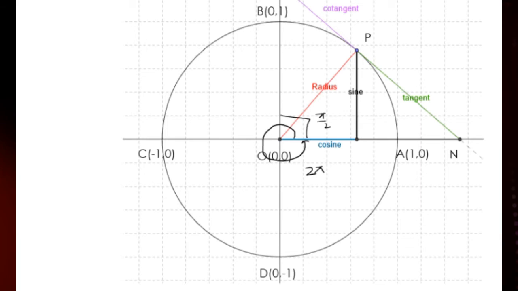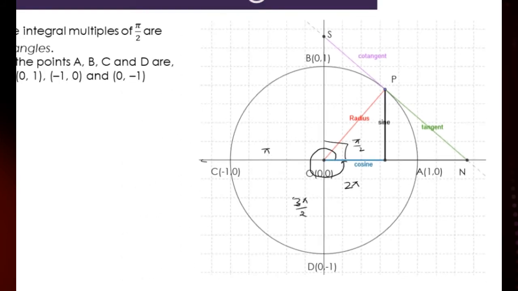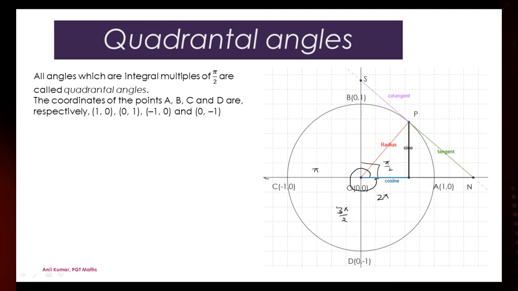At point C, it will be angle pi. At point D, it will be 3 pi by 2. And again at point A, it will complete its rotation and become 2 pi. So these angles, pi by 2, pi, 3 pi by 2, 2 pi, that means the multiples of pi by 2 are known as quadrantal angles.